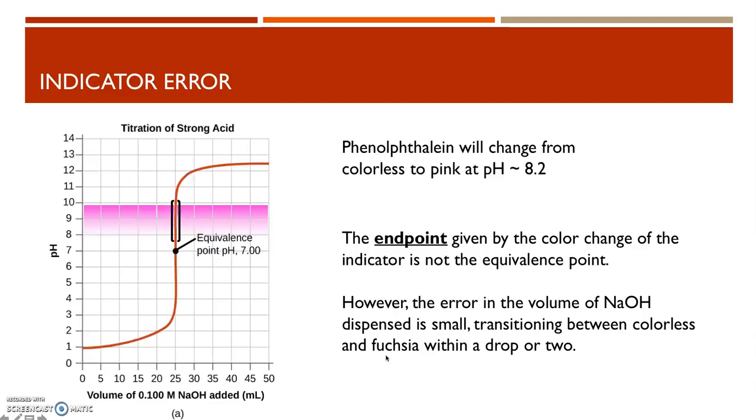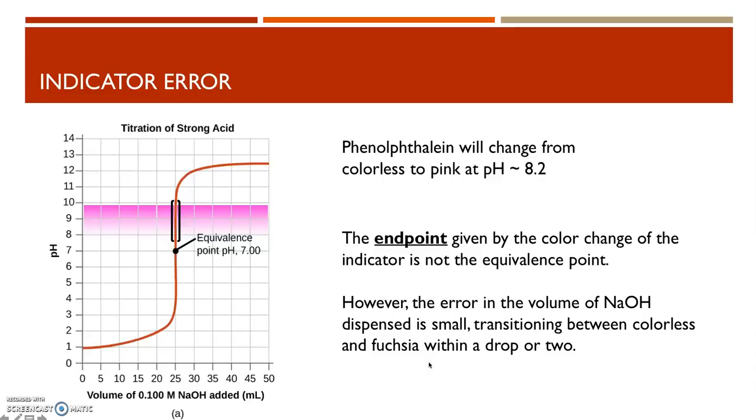So the error in the volume dispensed is very, very small for an indicator like this because it's on this sharpest ascent in the curve. There is some indicator error, caused by the fact that phenolphthalein will change colors at a higher pH than the equivalence point, but the error is very small.